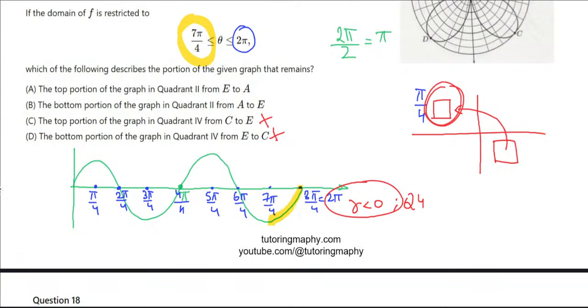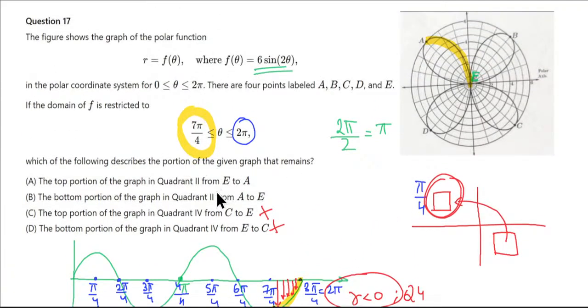And now tell me, is the R value, the height, increasing or decreasing? Isn't that clearly decreasing? So it is coming towards the origin, or I can say towards the pole. And if we look at the options, option A is saying it is from E to A, and E to A I have already highlighted. It is going clearly away from the pole, or the origin.